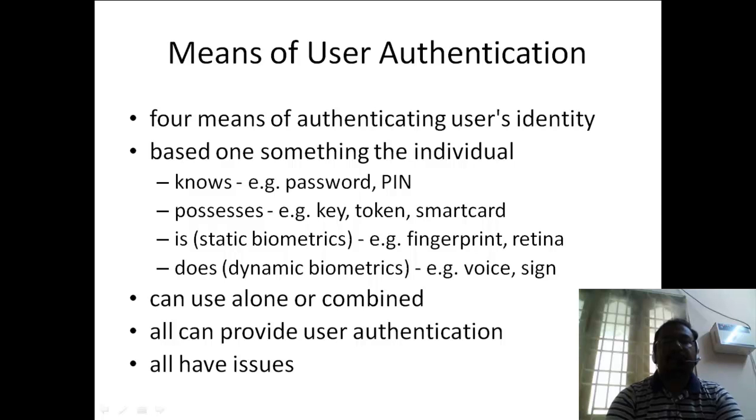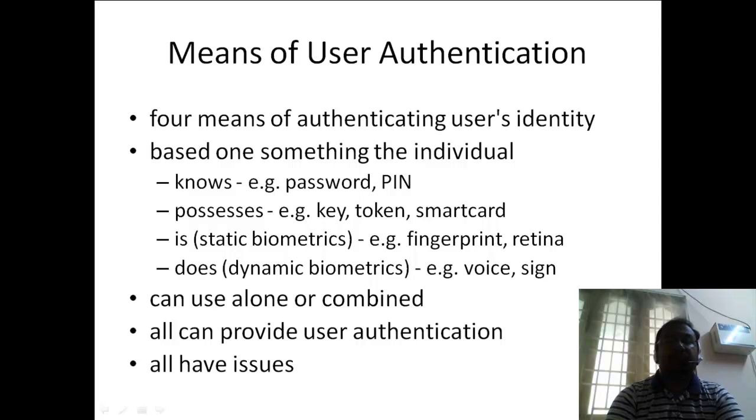Next is the biometrics one, which we can divide into two types: what he is and what he does. What he is is static biometrics, and what he does is dynamic biometrics. Static biometrics is nothing but a fingerprint or retina identification.